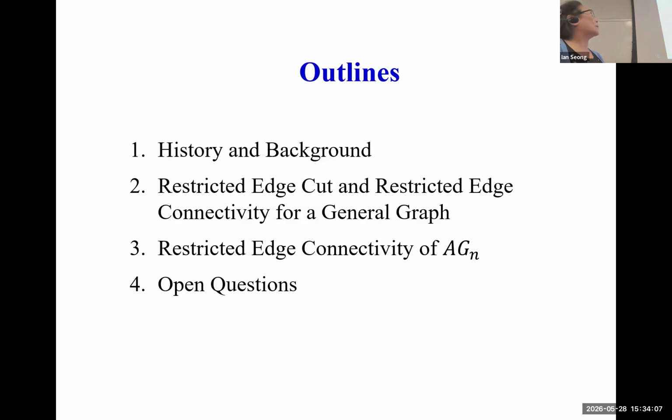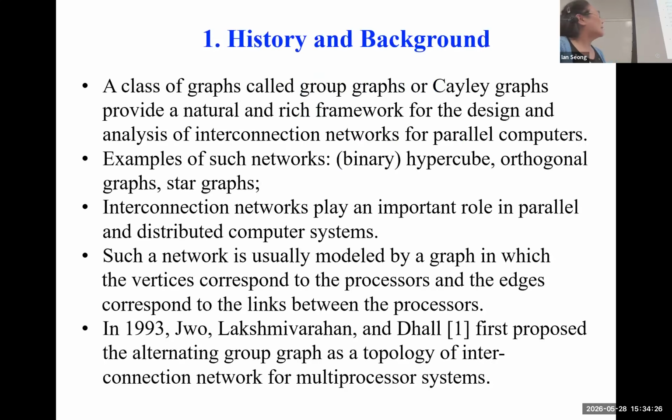It doesn't have to be the alternating group graphs, but my focus will be on these alternating group graphs, denoted by AG_n. Okay, and there are some main results I'll bring up and some open questions at the end.